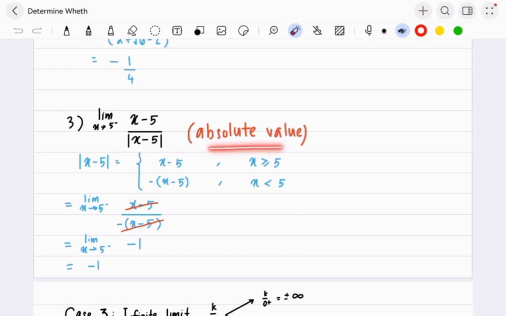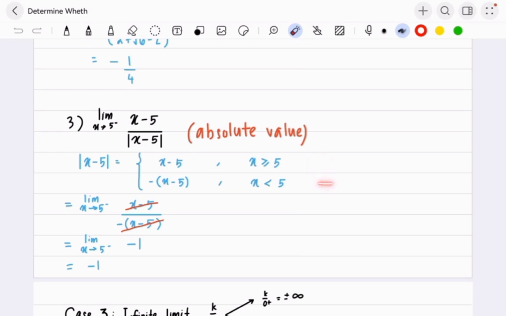So in this case, if you see a caged equation, that is absolute value. So you need to solve absolute value first. In order to solve absolute value, you need to part it into two equations, positive and negative. The positive one would be approaching from the right, and the negative one would be approaching from the left.